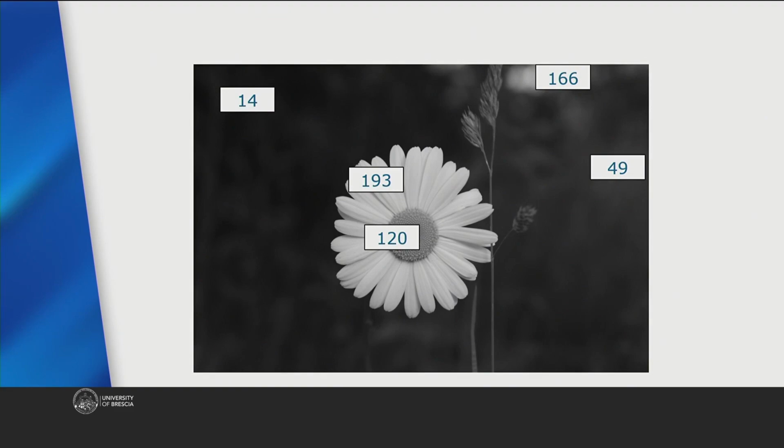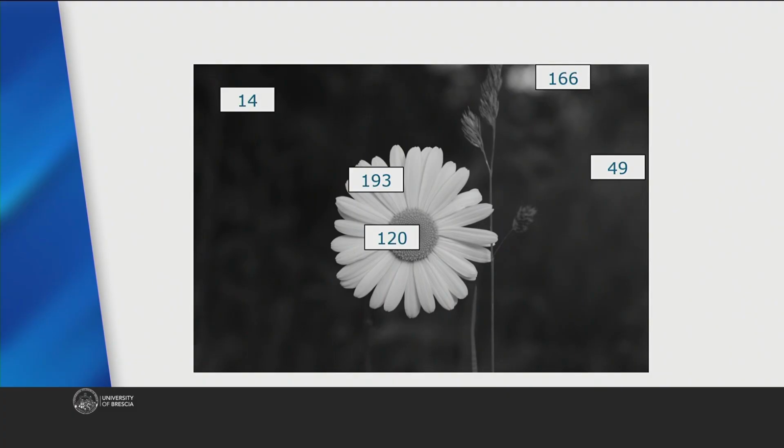Seen this way, you understand how every image is nothing more than a matrix of numbers. The matrix will have a number of rows and columns equal to the number of rows and columns of the camera sensor. And each cell of the matrix, that is, each pixel of the sensor, will contain a number that identifies its gray level, where 0 means black and 255 means white.